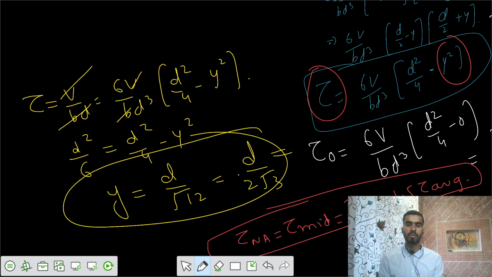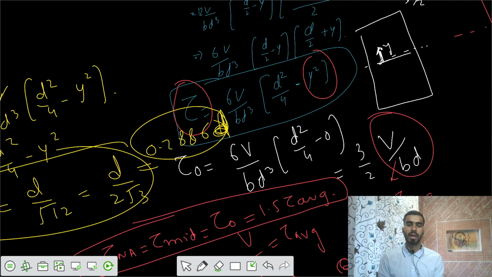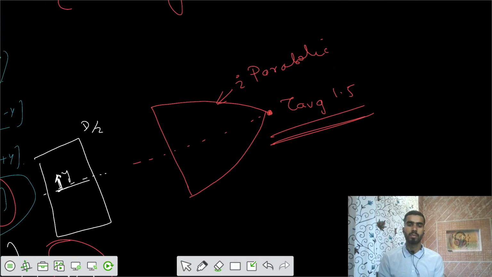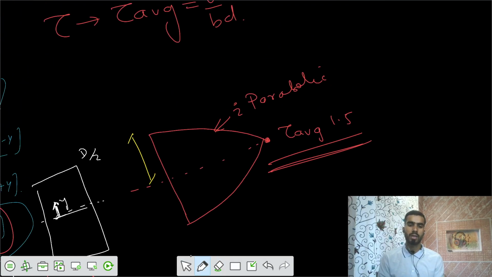So at a distance of 0.2886. So you go to some point at a distance of 0.2886, there we have the tau average value. So this part is 0.5 d, and this is 0.2886 somewhere here.